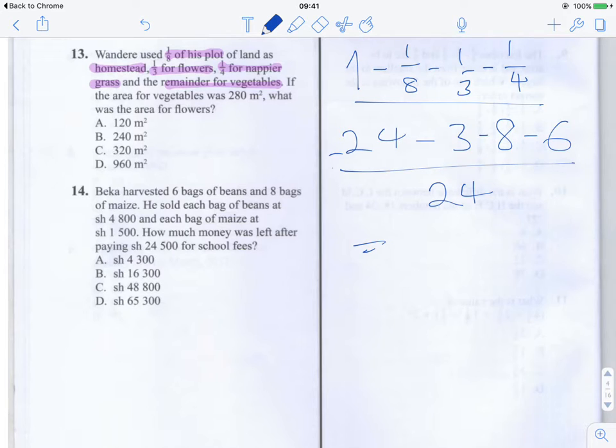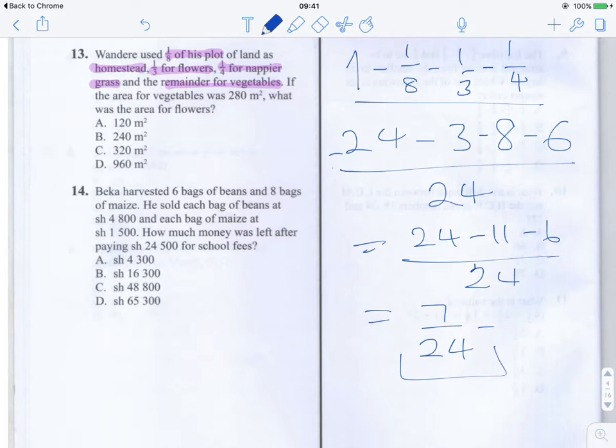When we subtract these, we get 24 take away 11 take away 6, which is the same as 24 take away 17, which is 7 over 24. So 7 over 24 is the proportion of the land that he uses for vegetables.